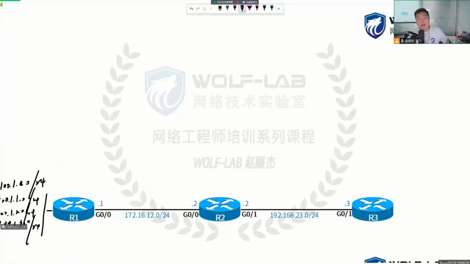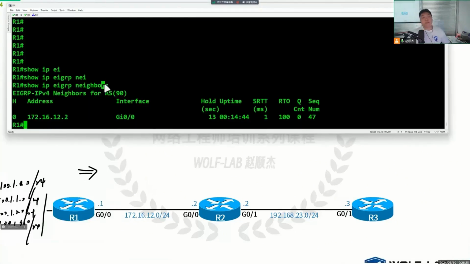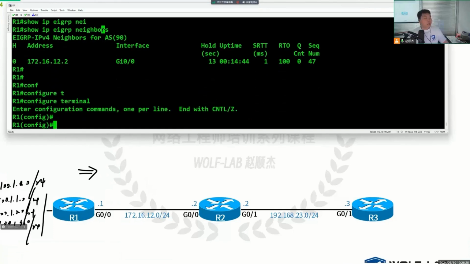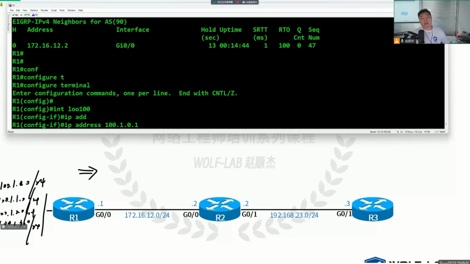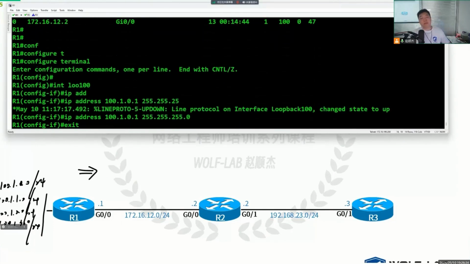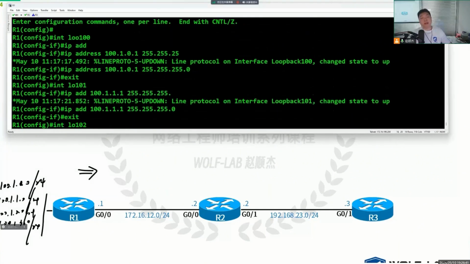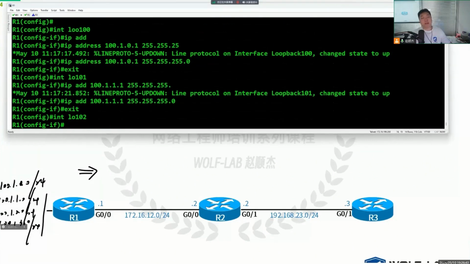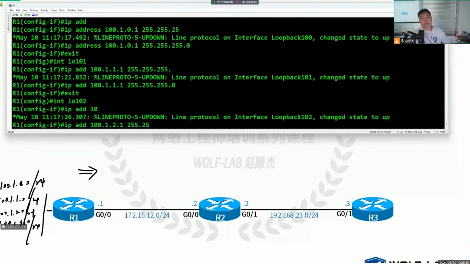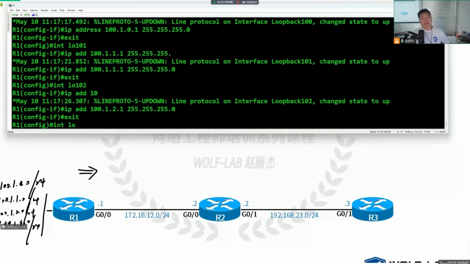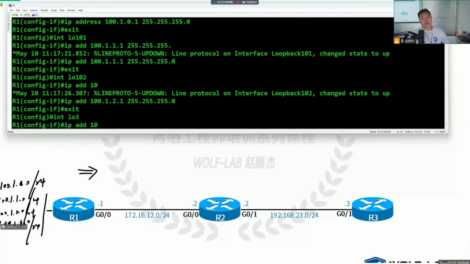Doing this on R1, as usual, we create loopback 100 with IP address 100.1.0.1/24, loopback 101 with IP address 100.1.1.1/24, loopback 102 with IP address 100.1.2.1/24, and loopback 103 with IP address 100.1.3.1/24.